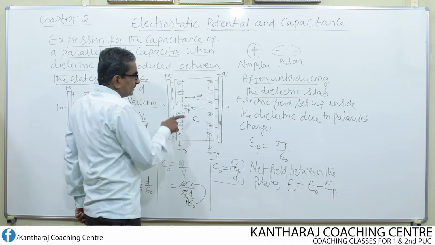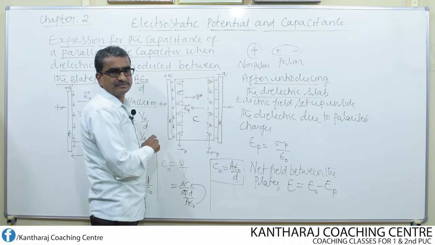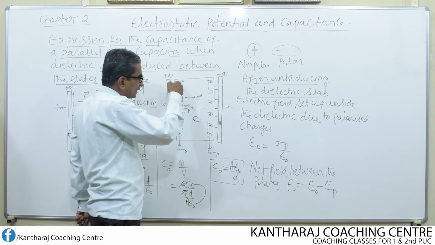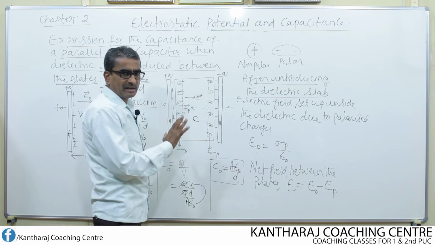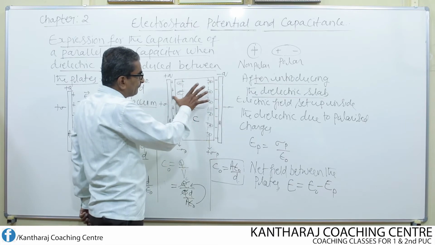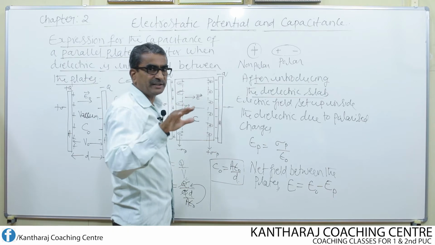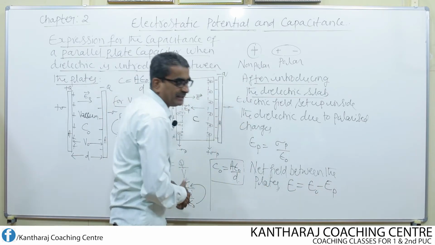Now what happens? This field is due to the charges on the plate, whereas this field is due to induced charges or polarized charges. These two fields are opposite, but they are not equal. So therefore, inside the dielectric between the two plates, the net field is going to decrease. That's why net field E equals E naught minus EP.